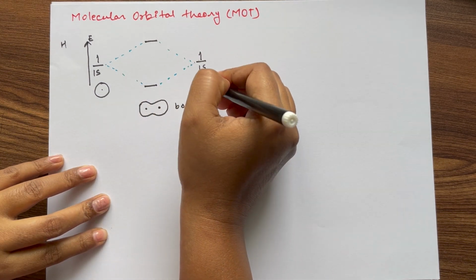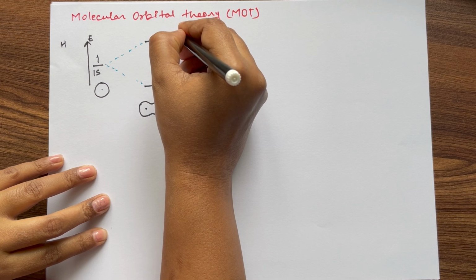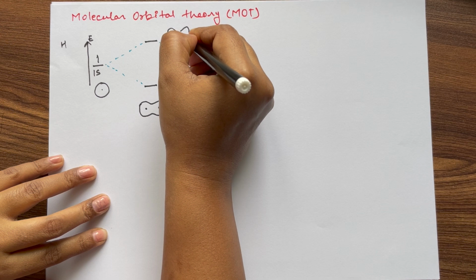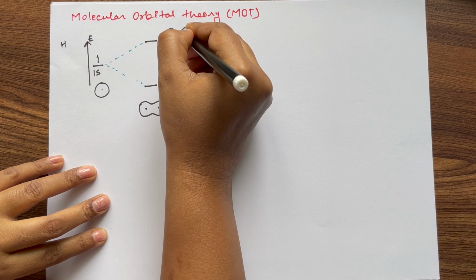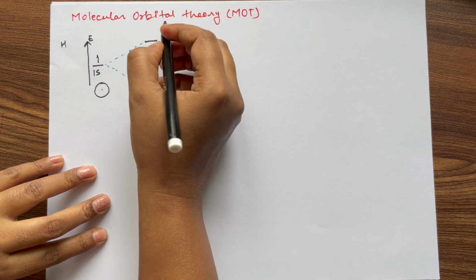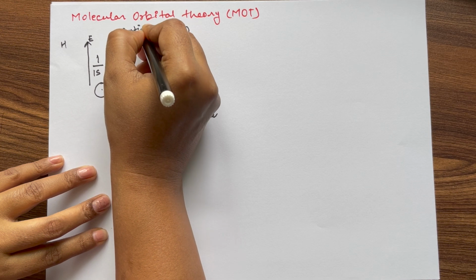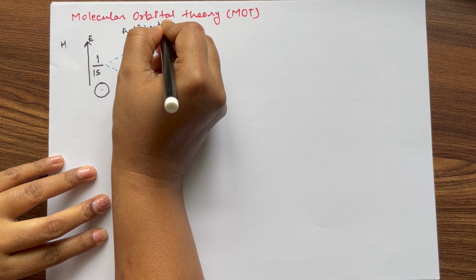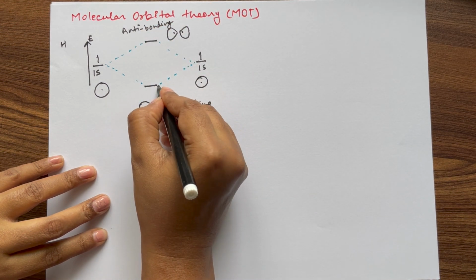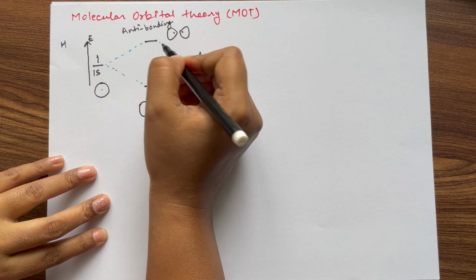And the overlapping of these two orbitals with the negative interference will create a higher energy level orbital, that is called anti-bonding orbital. So bonding orbital will have lower energy and anti-bonding orbital will have higher energy.